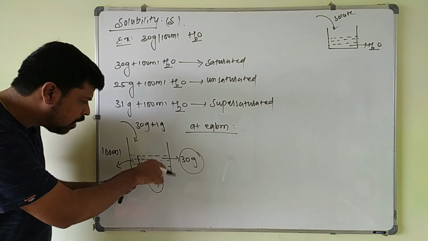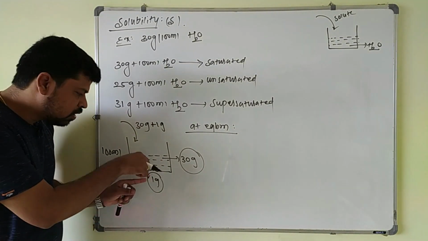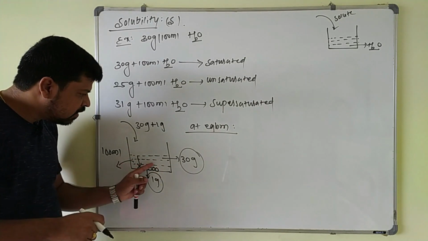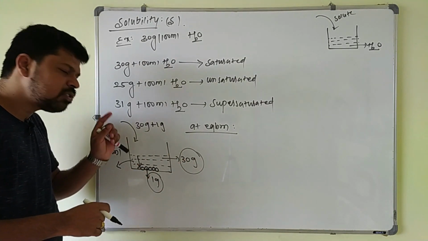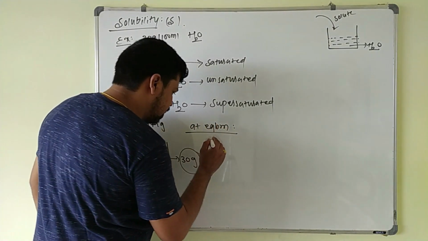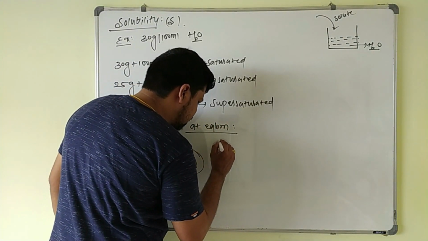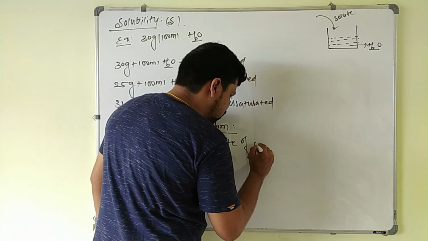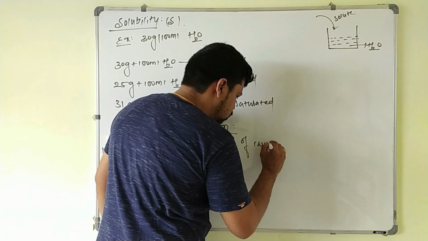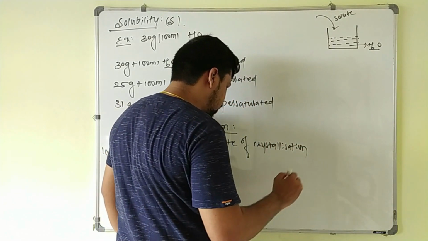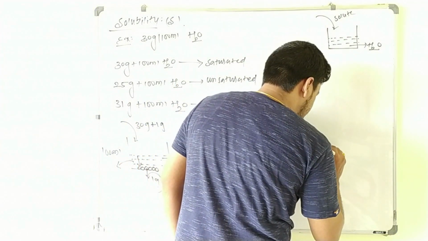Suppose 1 gram comes out of the solution into the solid state, then 1 gram goes into the solution, and again 30 gram of the solute is maintained in the solution. Such a type of solution is called a saturated solution. So in this, the rate of crystallization is equal to the rate of dissolution.